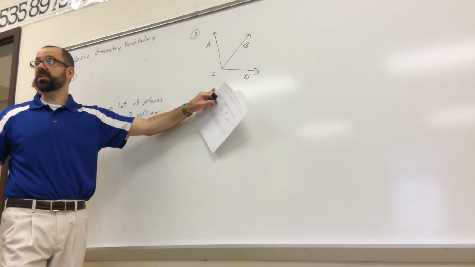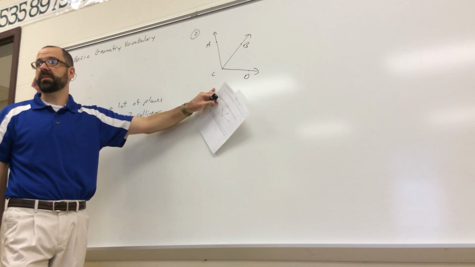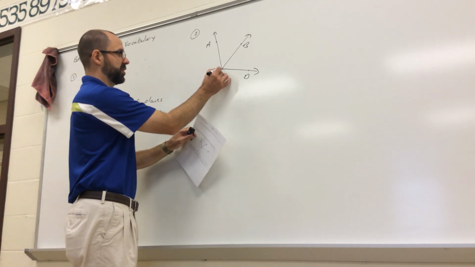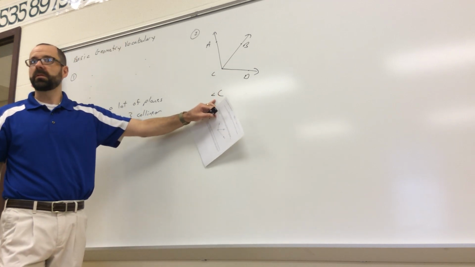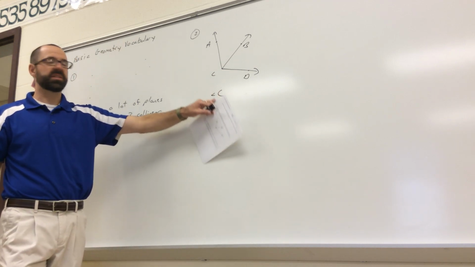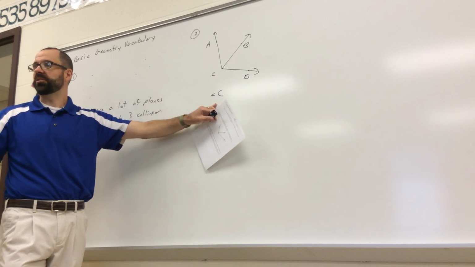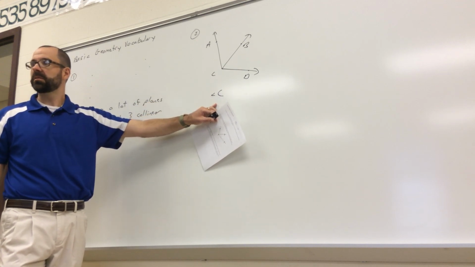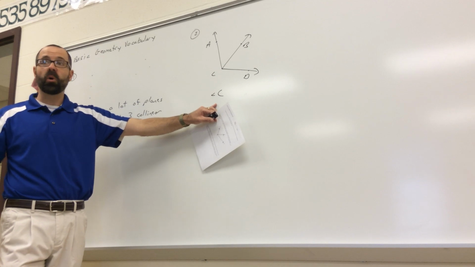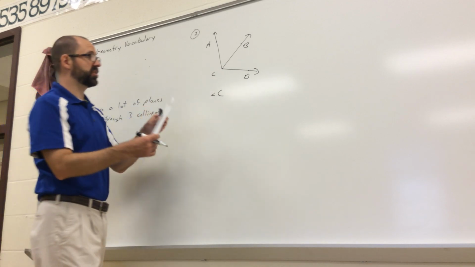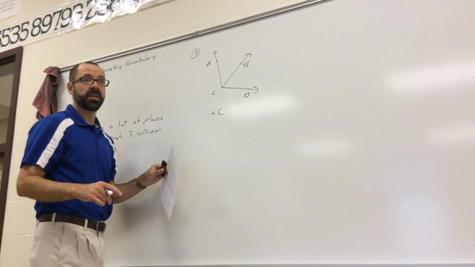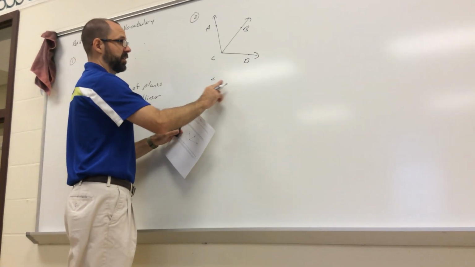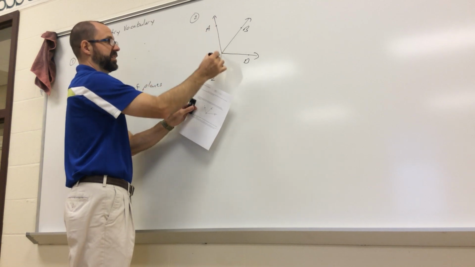Now we already talked about in the note card that you use 3 letters to name an angle. But some people might be tempted to just call this angle angle C. Why couldn't you call this angle angle C? Yeah, Judah? Because it could go for all three of them. Yeah, you wouldn't know which one you were talking about, right? If you just said angle C, you wouldn't know if it was that one, or this one, or the large one. So instead, you call this one ACB.